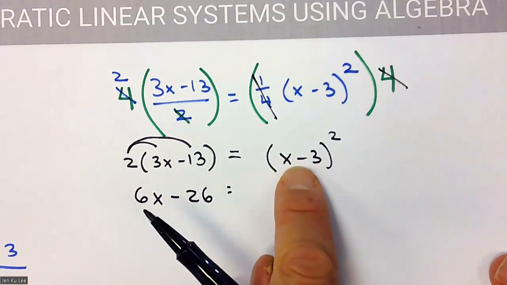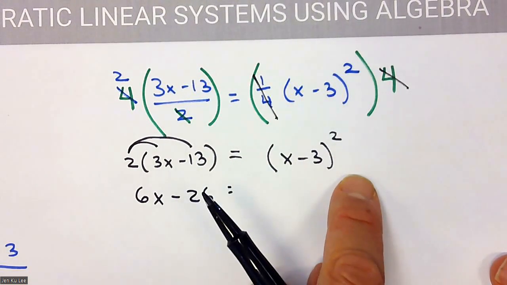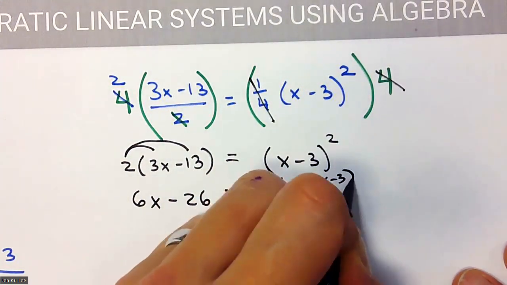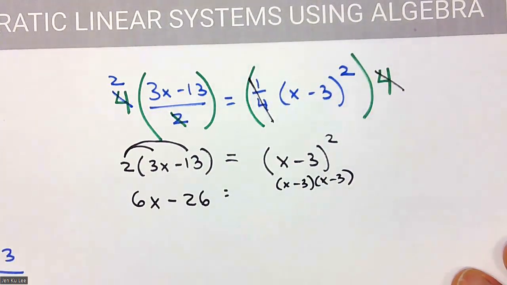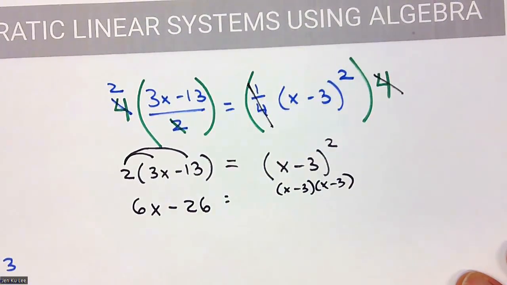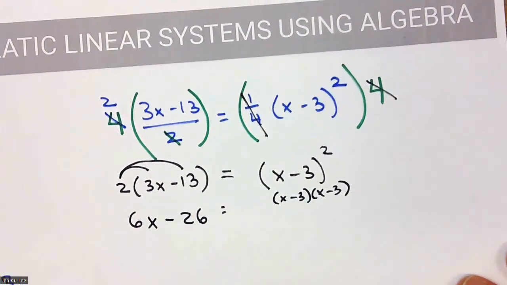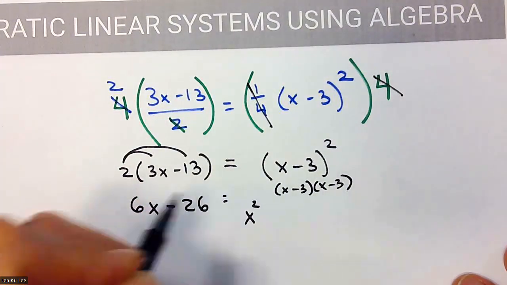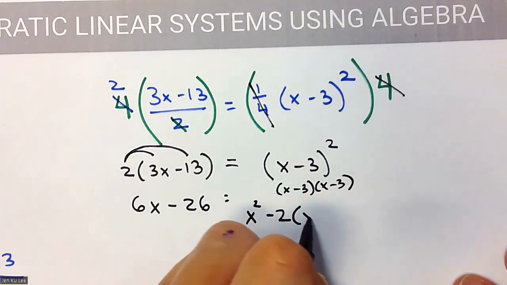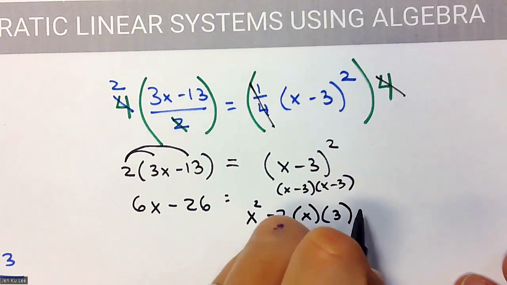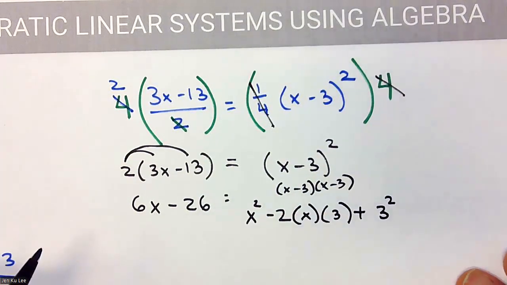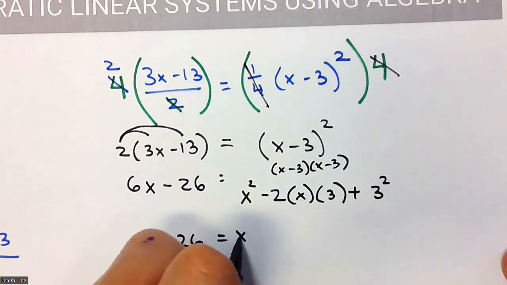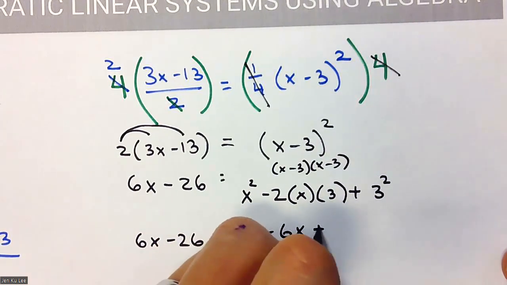Equals, if you multiply this out via foiling, x minus 3 times x minus 3, or use the special form, which is up here on the board, but that plus would just be a minus. It's going to be a squared minus 2 times a times b plus b squared, right? So that's 6x minus 26 equals x squared minus 6x plus 9.